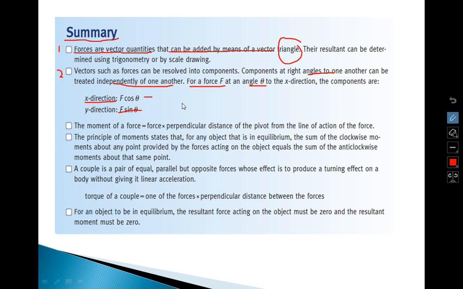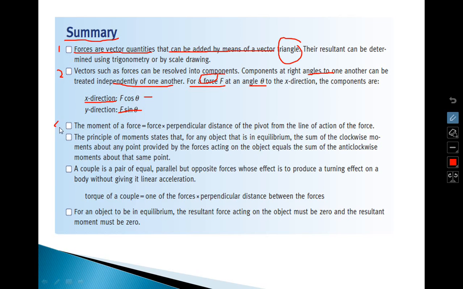So the force F has two components, one in the y direction and another in the x direction.